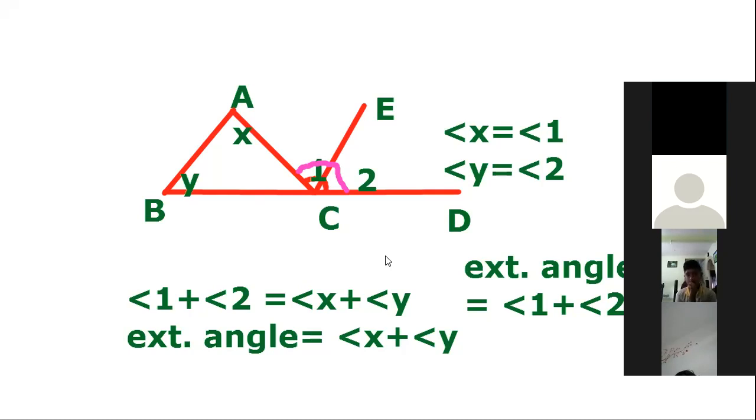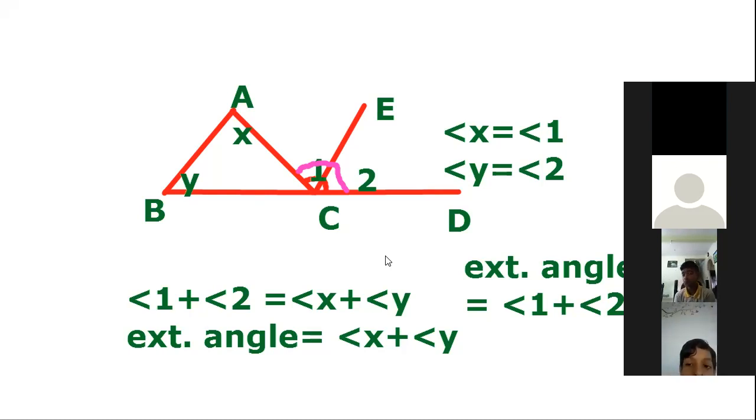Here in your textbook, we have used angle 1 and angle 2 or angle x and angle y. There are 4 angles. Among them, we can write angle 1 equal to angle x since AB and EC are parallel and AC is a transversal cut by the parallel lines. And similarly, angle 2 and angle y are equal since AB and EC are parallel lines and BD or BC is a transversal cut by the parallel lines.